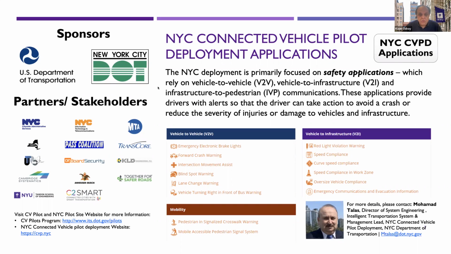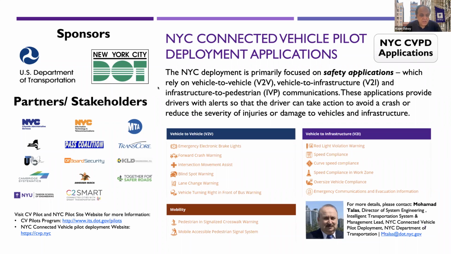I'm not going to go through all of them separately, but some of them we're familiar with, like emergency electronic brake lights, forward crash warning, intersection movement analysis. But there are also things like red light violation warning, speed compliance, and so on. All these apps were programmed and incorporated into the test vehicles, and data was collected about each of them.